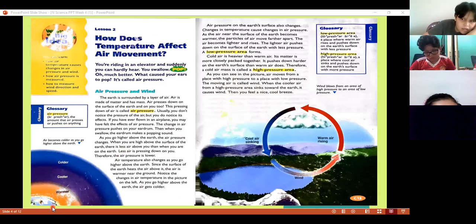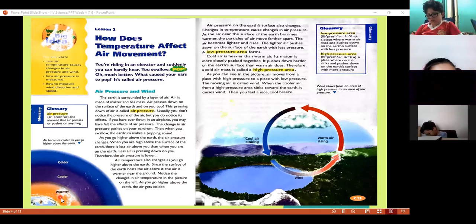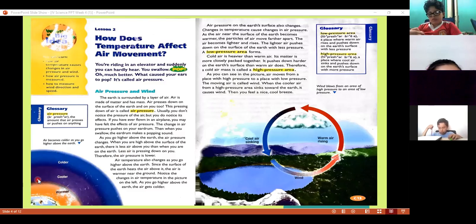Here is the earth, and it says that the temperature can be warmer, since the surface of the earth heats the air above it, so the air is warmer near the ground. But then it changes. The air temperature can be cooler and then colder.